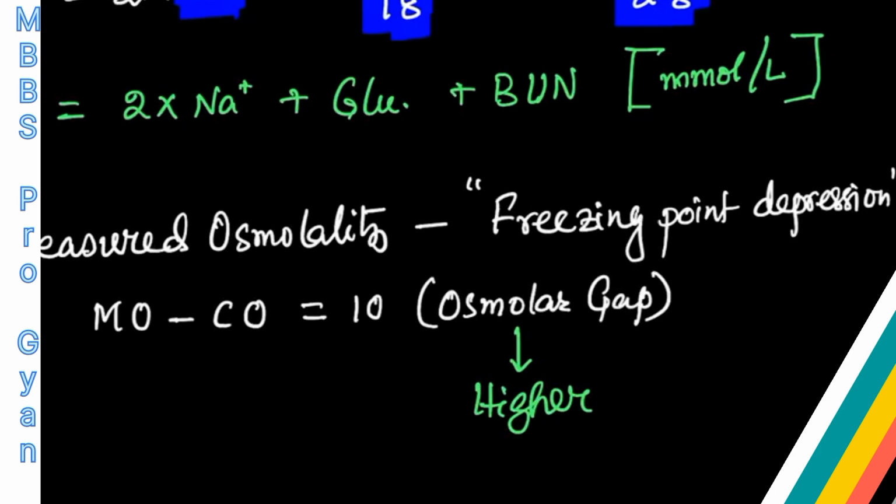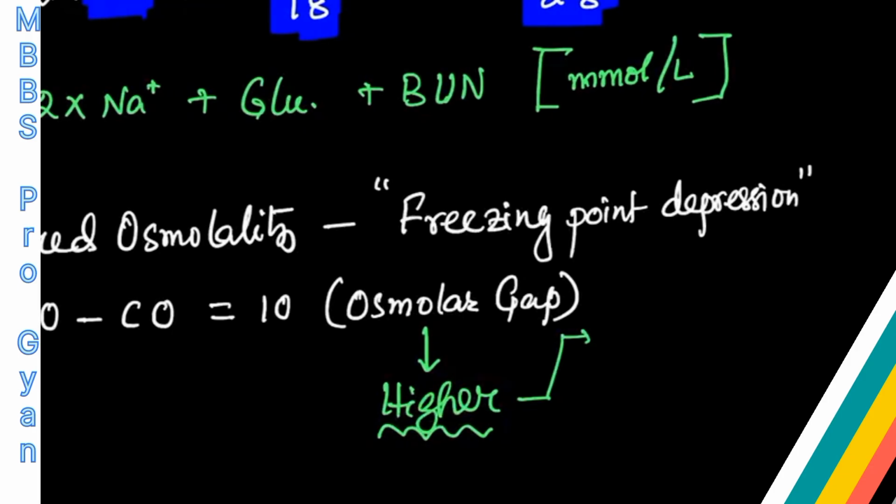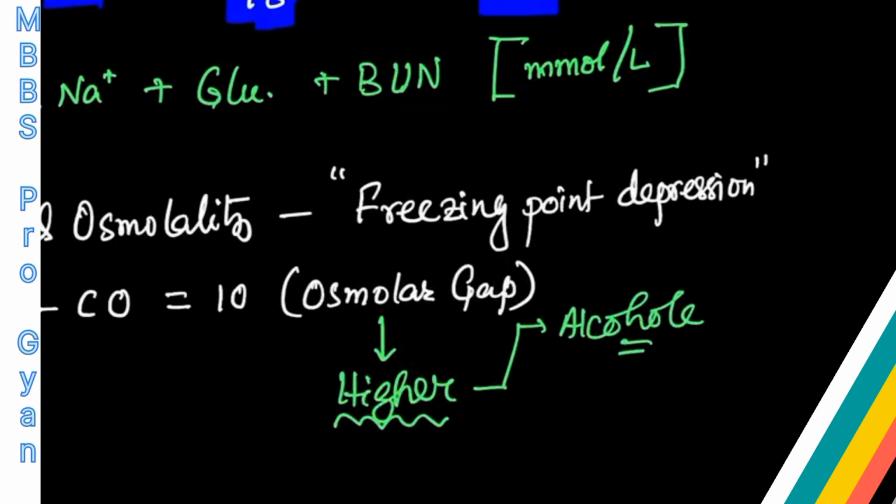If this osmolar gap is higher than 10, then you have to think of certain substances present in the plasma which have raised the measured osmolality to a very high level. Additional osmolytes are present in the plasma which are not taken into consideration by calculation, and that's why the osmolar gap is higher. So an increased osmolar gap will be seen in certain conditions, for example, when a huge amount of alcohol is present in the plasma, like ethyl alcohol or methyl alcohol, so alcohol poisoning, ethanol poisoning, methanol poisoning.